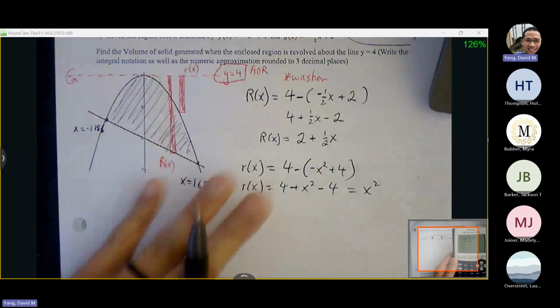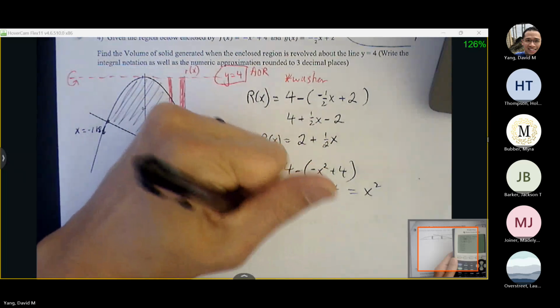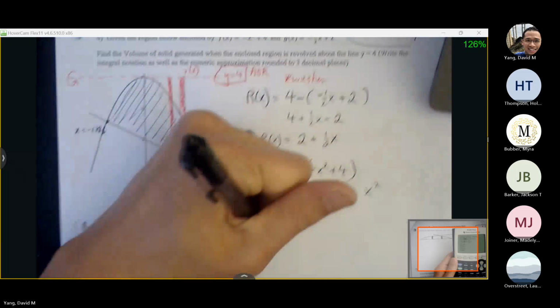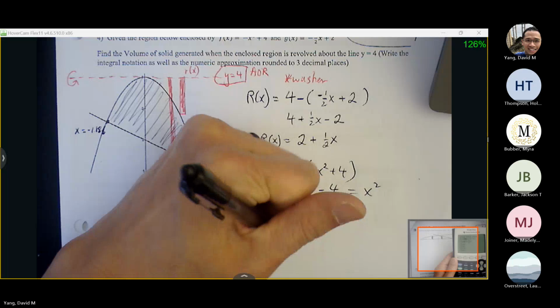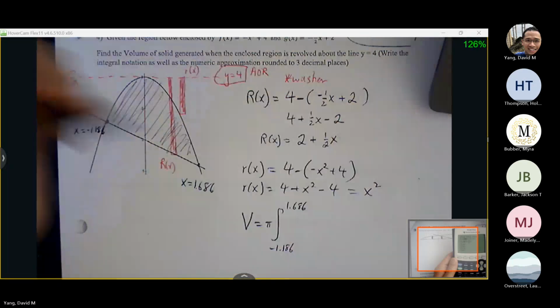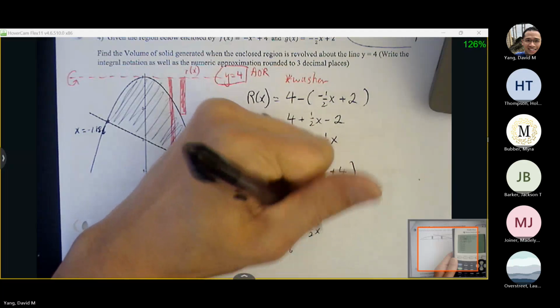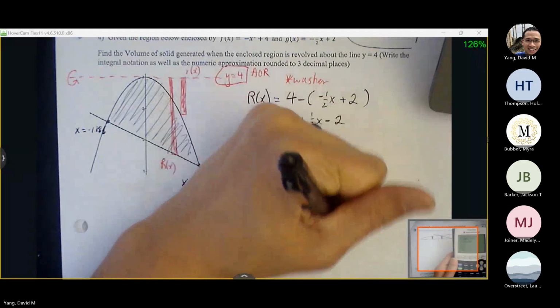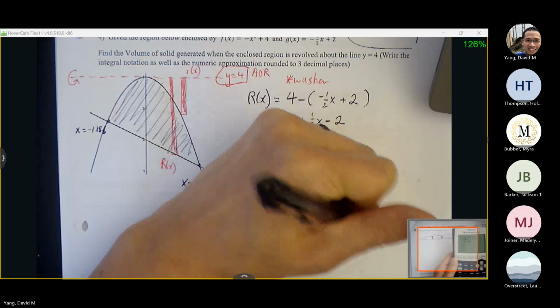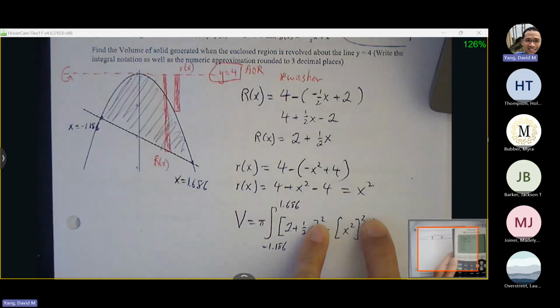I'm just left with x squared for small radius. Washer method, make sure both radii get their own exponent, their own squared.